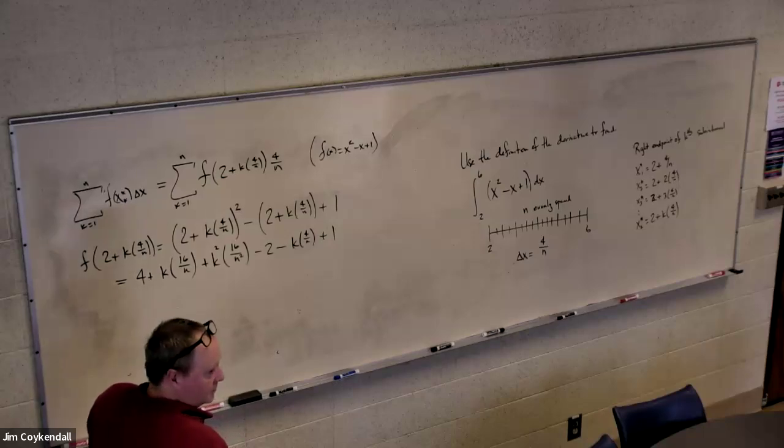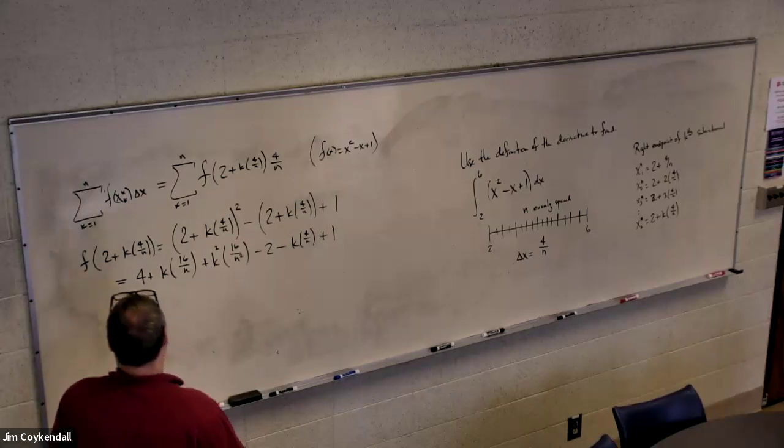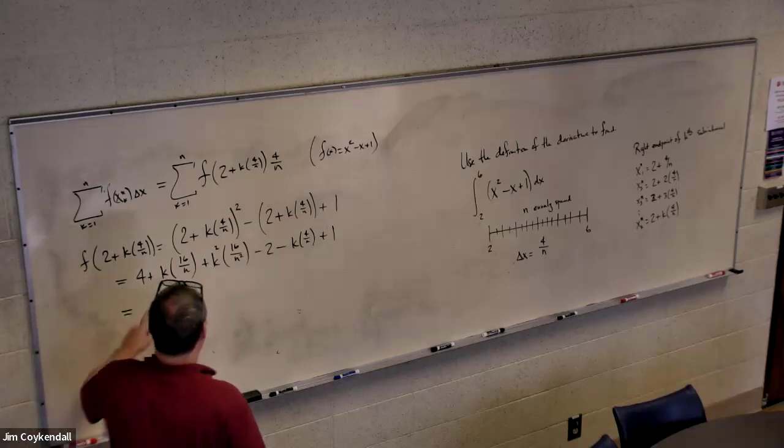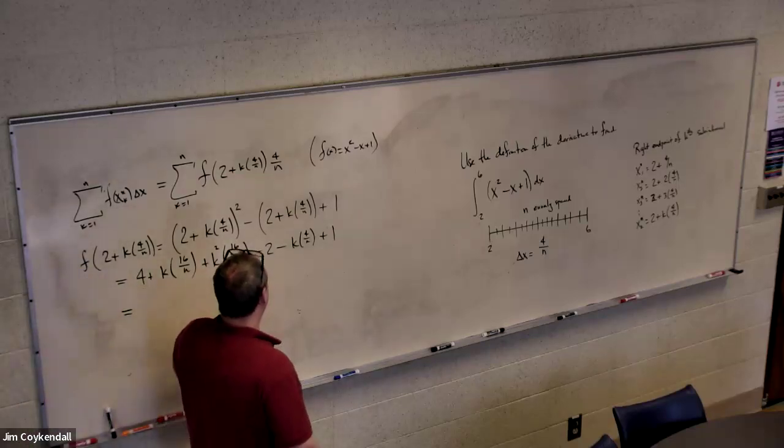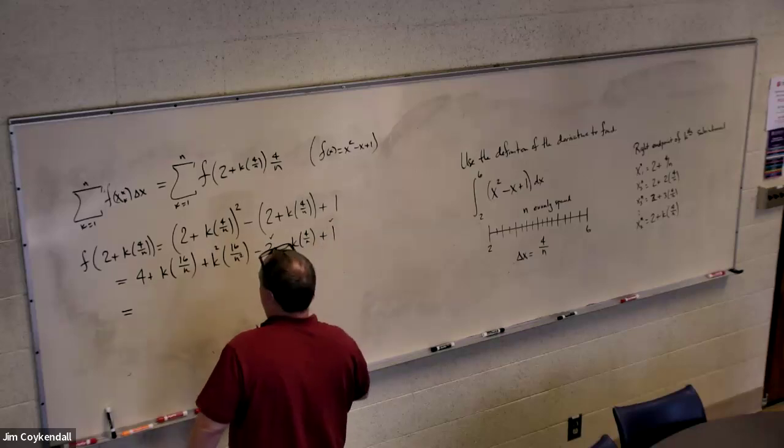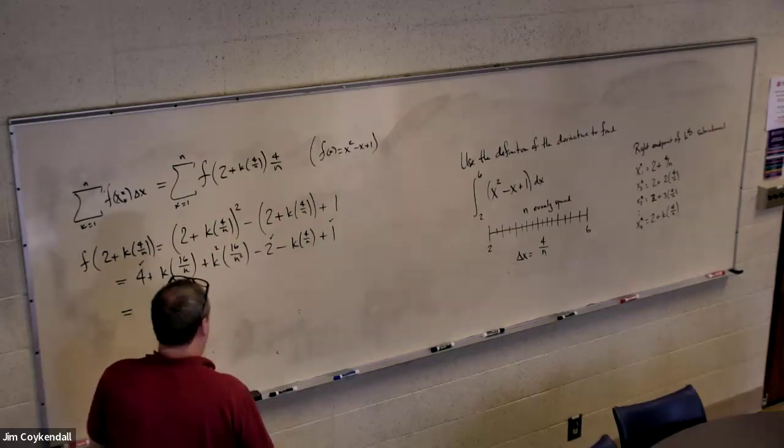So together I've got three numbers. I've got 4, take away 2, plus 1. Gives me 3.